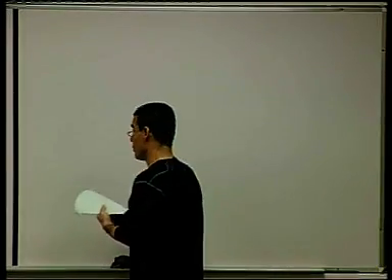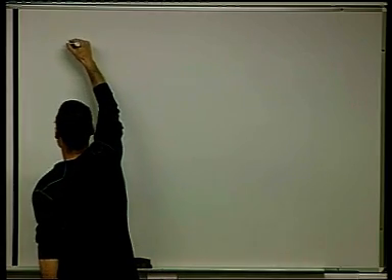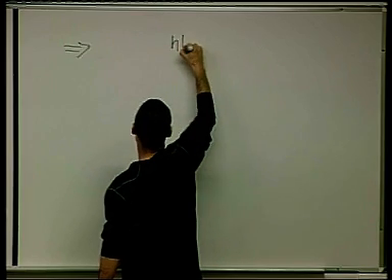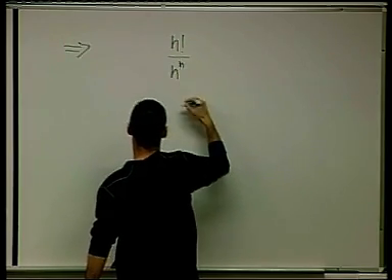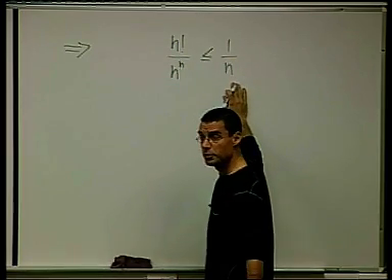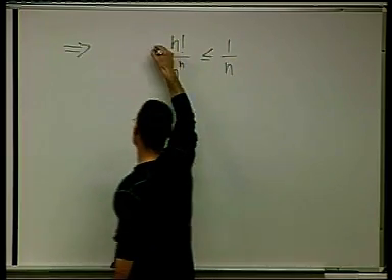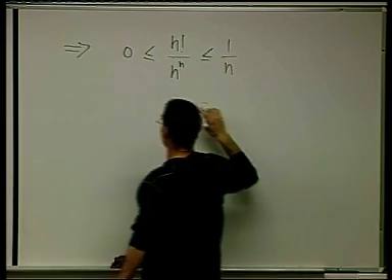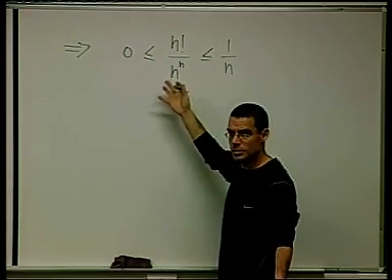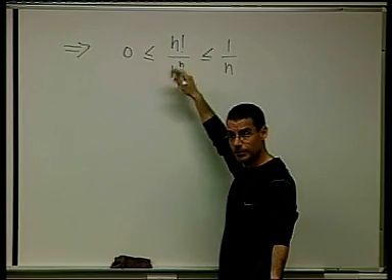Very good. So now we can say that the sequence we're discussing, n factorial over n to the power n, is less than or equal to 1 over n. We just proved that. And as you said, it's greater than or equal to 0. Why? Because everything here is just n's. So it's always positive, right?